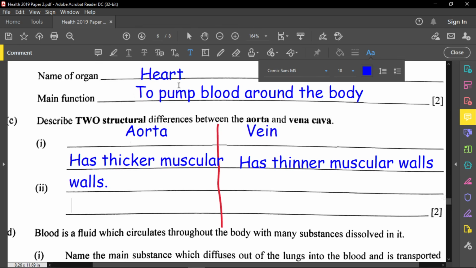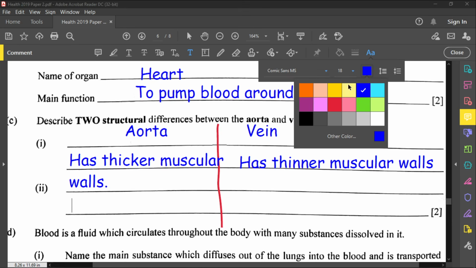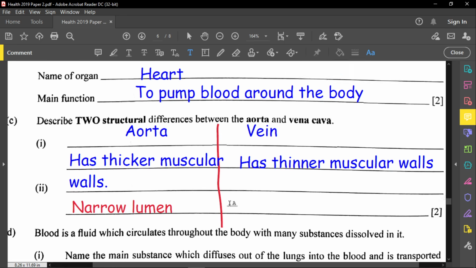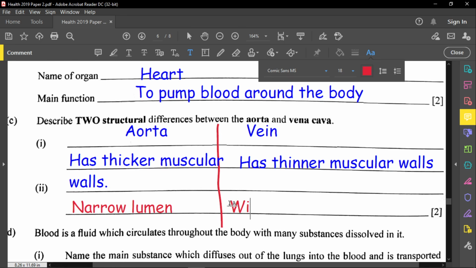And then another difference right here. Let me put this in different colors so it's easier to see. The aorta, which is an artery, has a narrow lumen, and lumen is the space or opening in the blood vessel. The veins have a wider lumen.